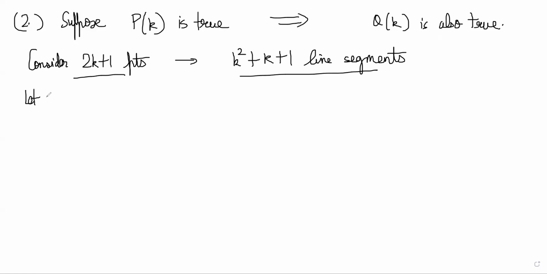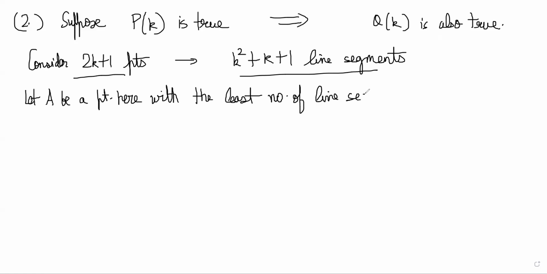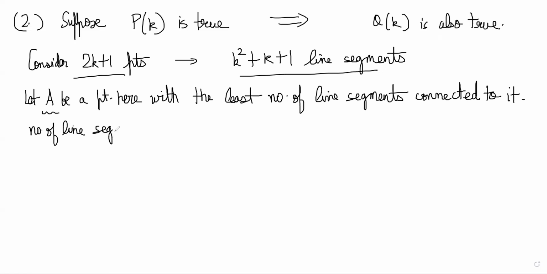Let A be a point here with the minimum least number of line segments connected to it. So let's estimate the number of line segments that A must have. Number of line segments connected to A must be less than or equal to k.